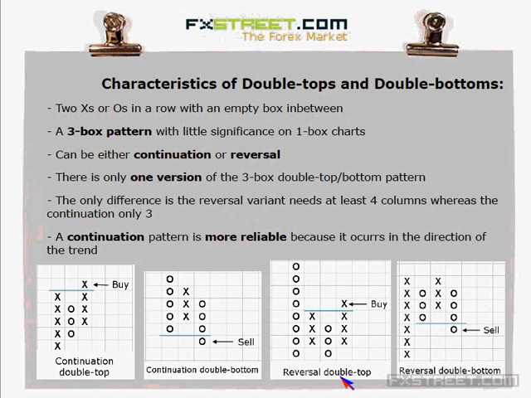But that doesn't mean that it has to happen on a topping formation, as we know from other chart types. Okay, it can happen in any area of the price chart. So also in a very bottom of your chart. Okay. Conversely, the reversal double bottom can happen at tops, but it's called a double bottom because it's a break of a support that is formed by this drop, in that case by 3 boxes here, after an ascending move or an uptrend.